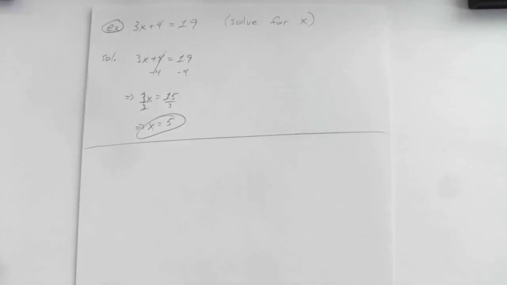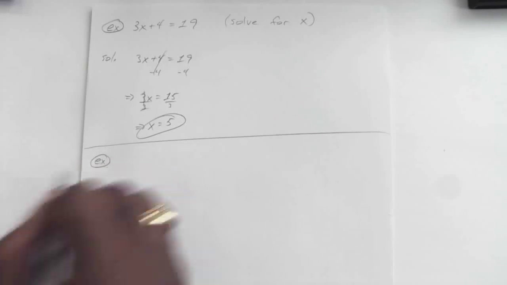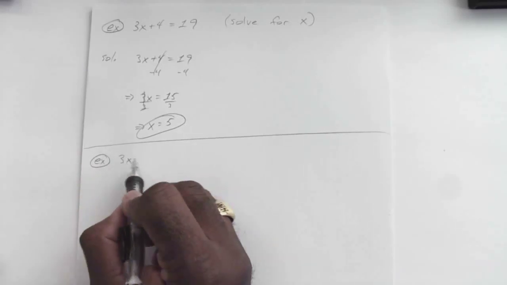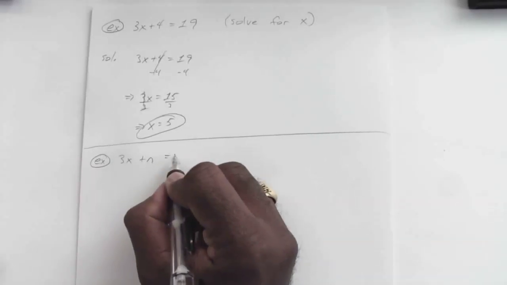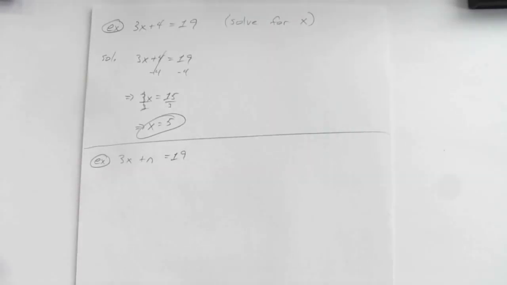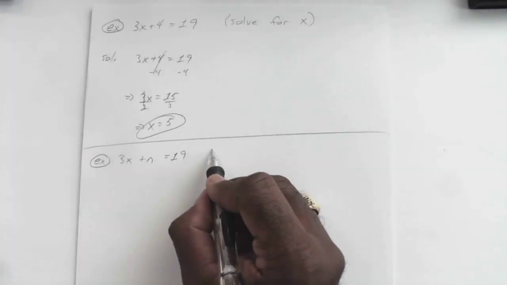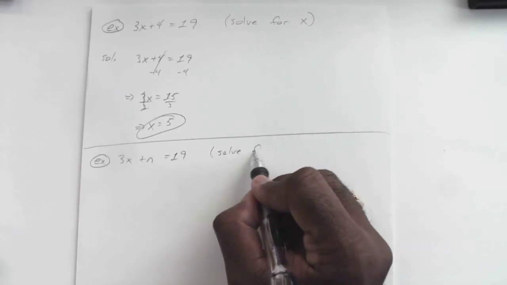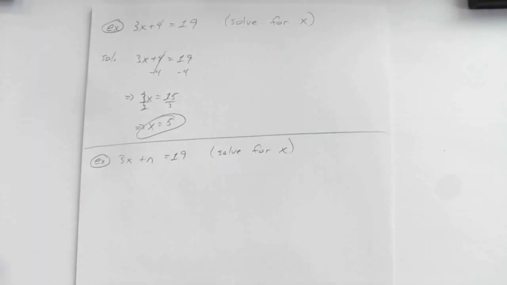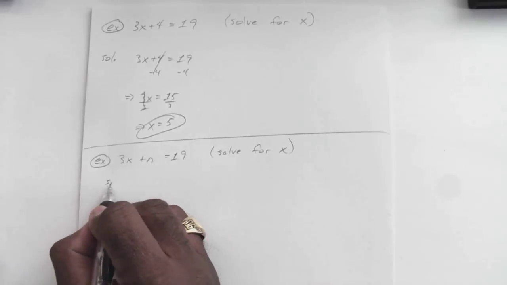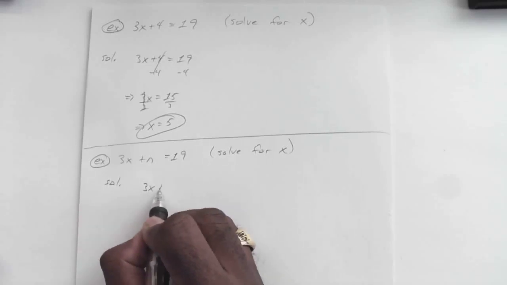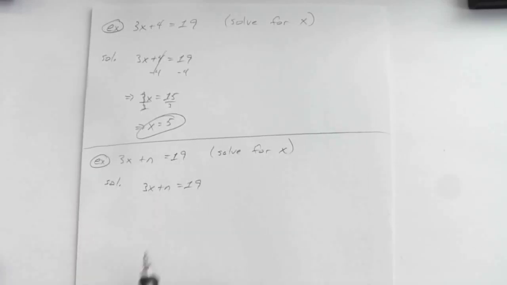Okay, so what if you have 3x plus n equals 19, and you want to solve for x? Just like before, we want to get the x term by itself.